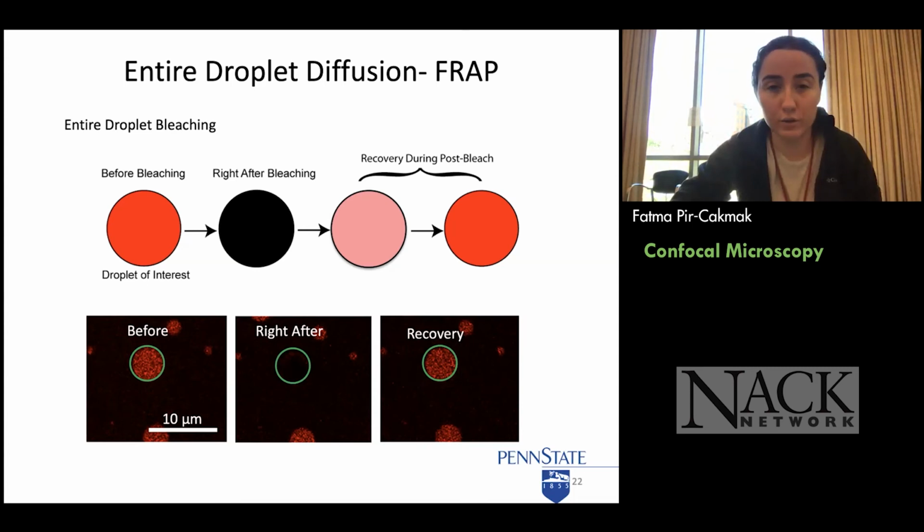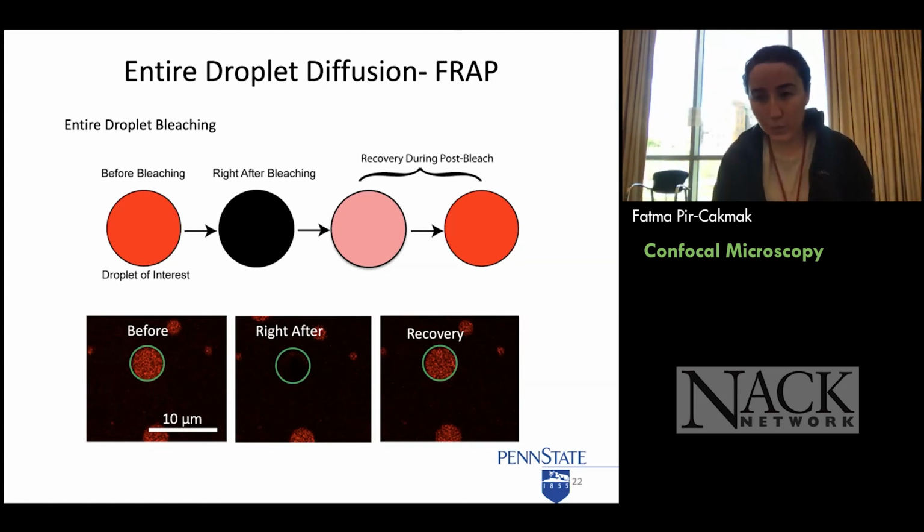Just a quick question. Are you changing the pinholes while you're going from partial bleaching to full bleaching? It's a good question, but I usually don't change within the same experiment, to keep the parameters the same so I can compare within the sample.